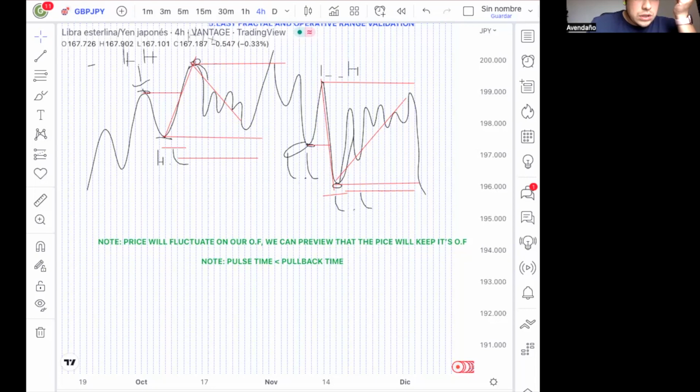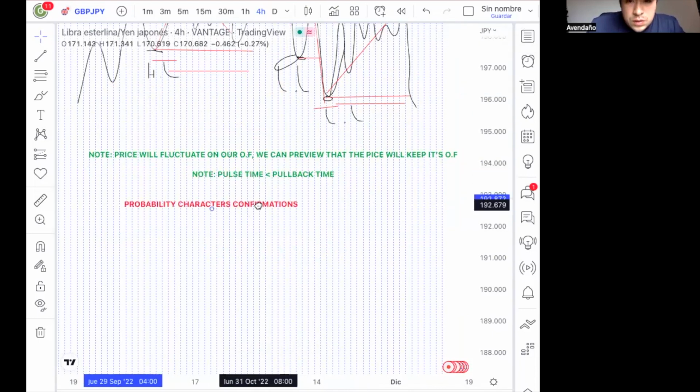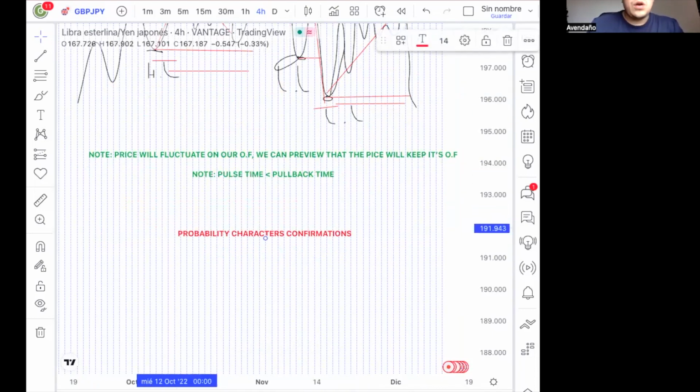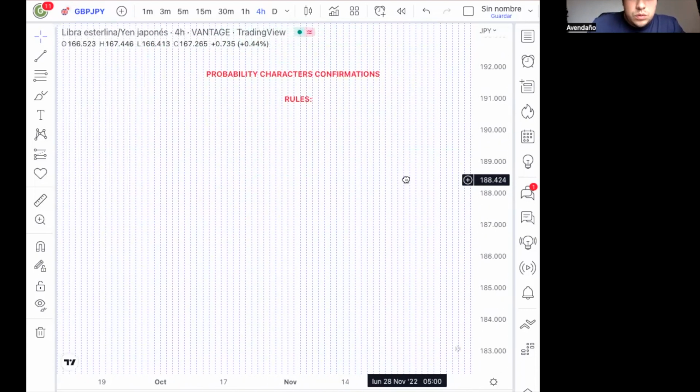So let's get to those nodes to make this easier for us. As I was telling you, we will have some probability characters confirmations, and we may also have some rules for this. So let's review those rules.